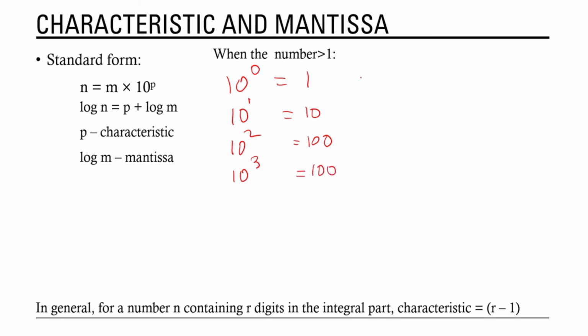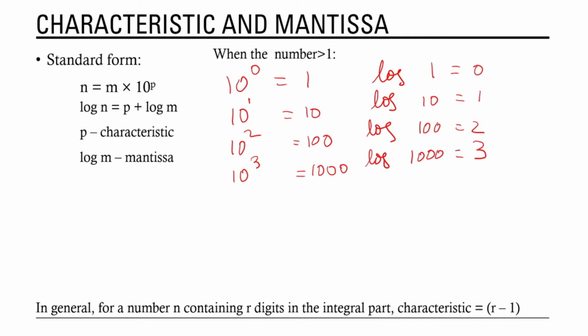So, we have log 1 equal to 0, log 10 is equal to 1, log 100 is equal to 2, and log 1000 is equal to 3.